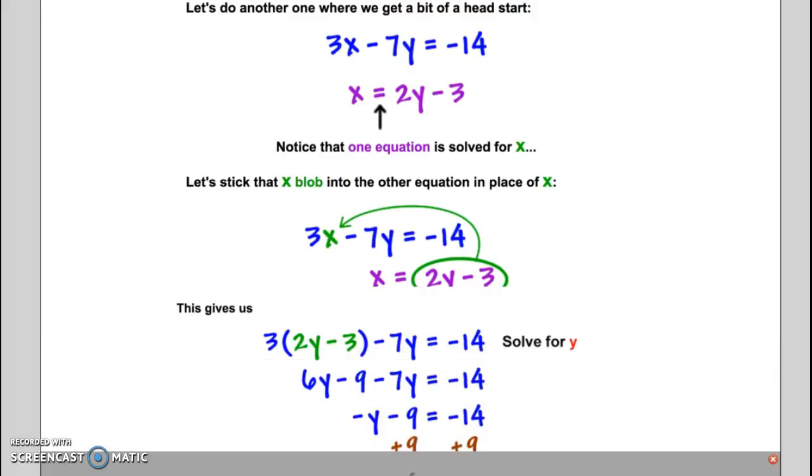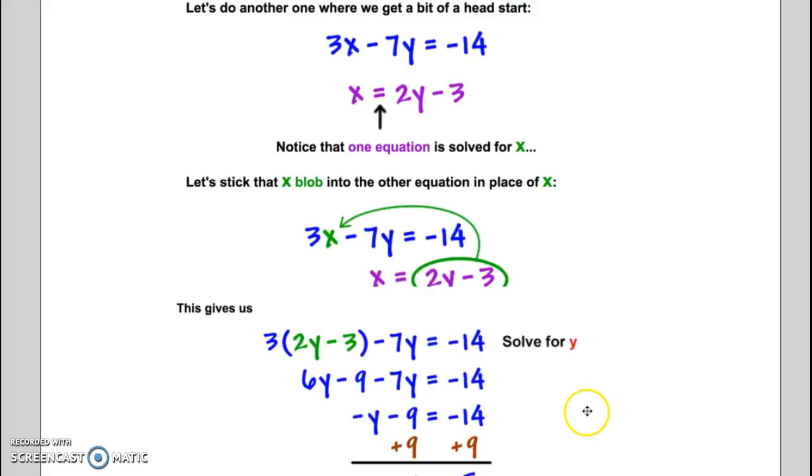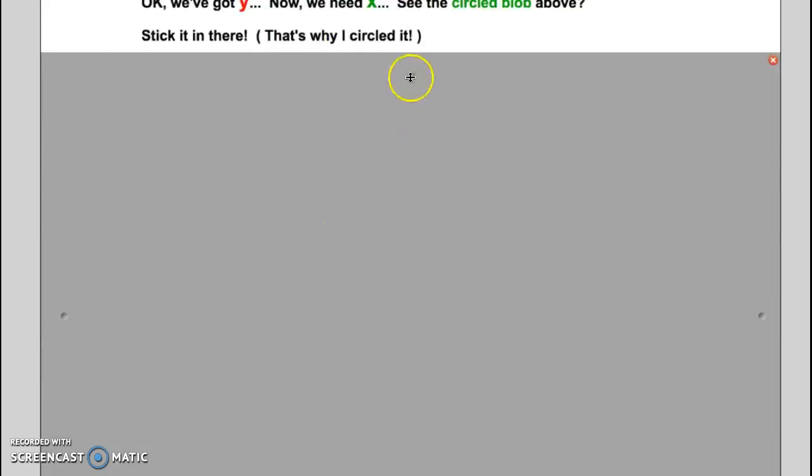And when you do that, you get y equals 5. But you're not done because you know what y equals, but now you have to find out what x equals.